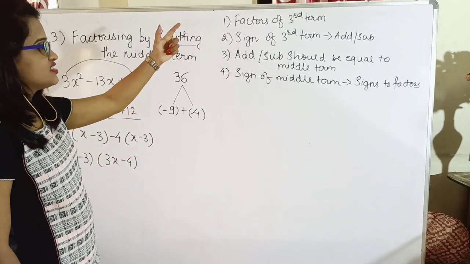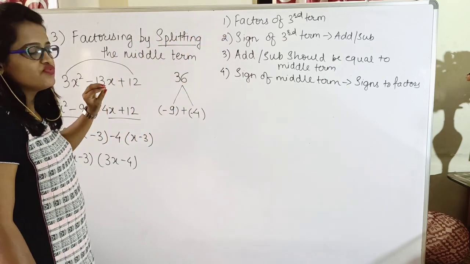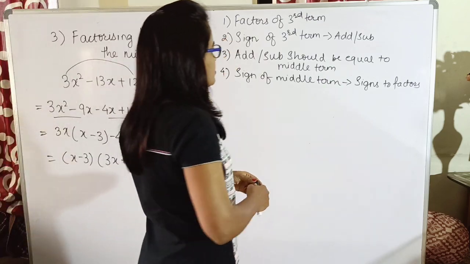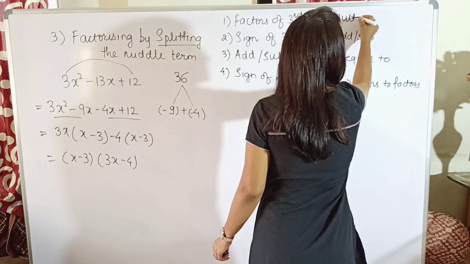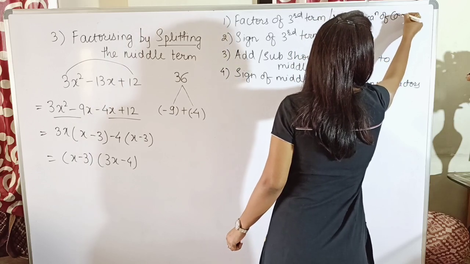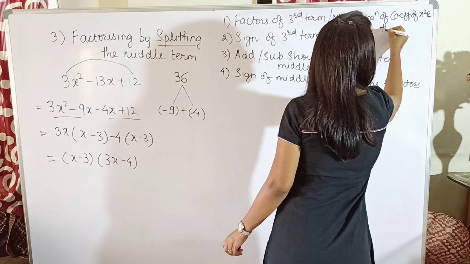So these are the steps which you have to follow. If you follow these steps, it will be very easy for you to find the factorized form. So factors of the third term, or you can say the multiplication of the coefficient of x square and the third term.